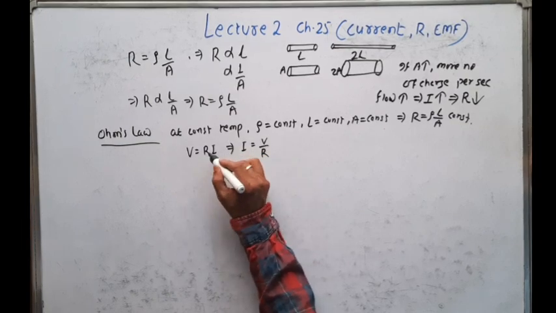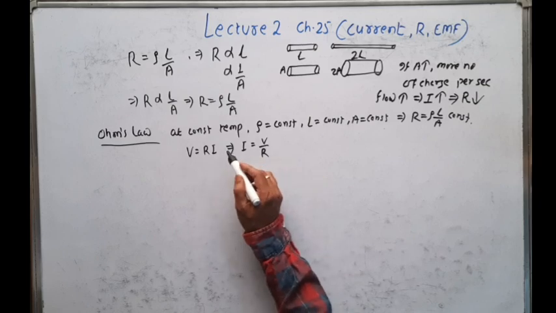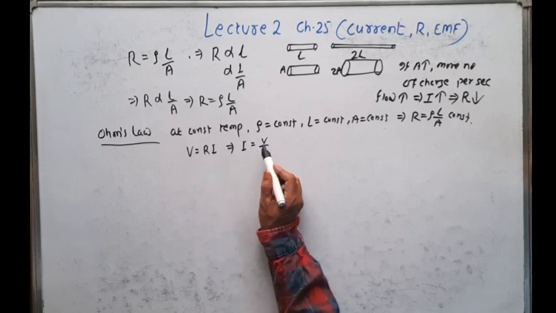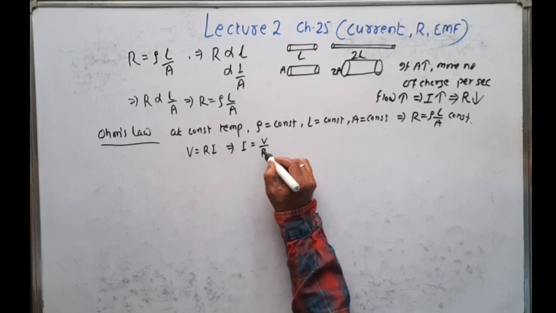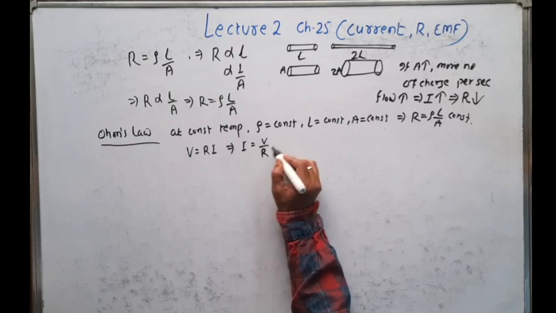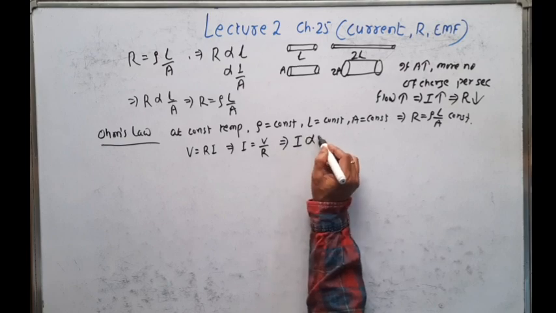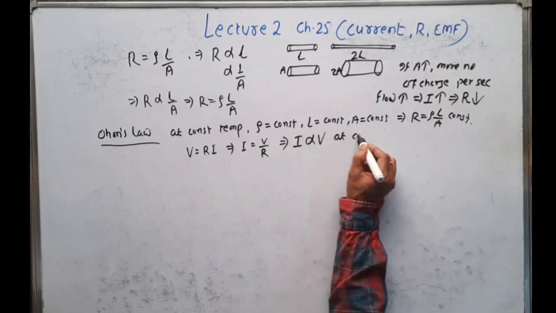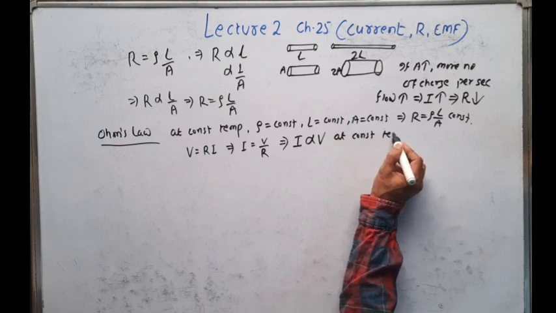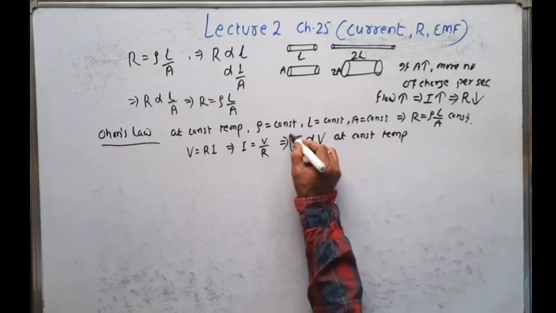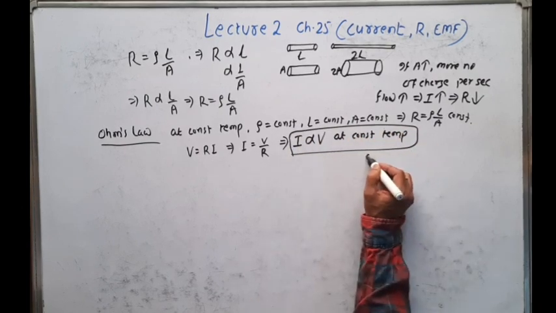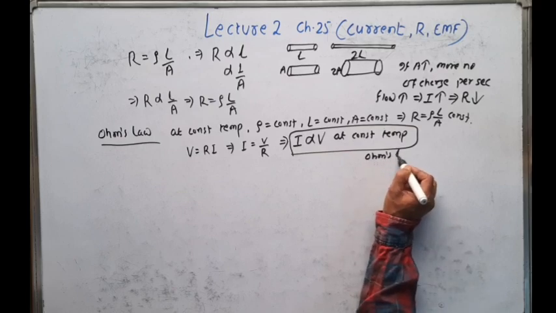We have already seen this equation previously. So I is equal to V by R. Since R is constant, 1 by R is also constant. So that implies I is proportional to V at what condition? At constant temperature condition. So this statement is Ohm's law.